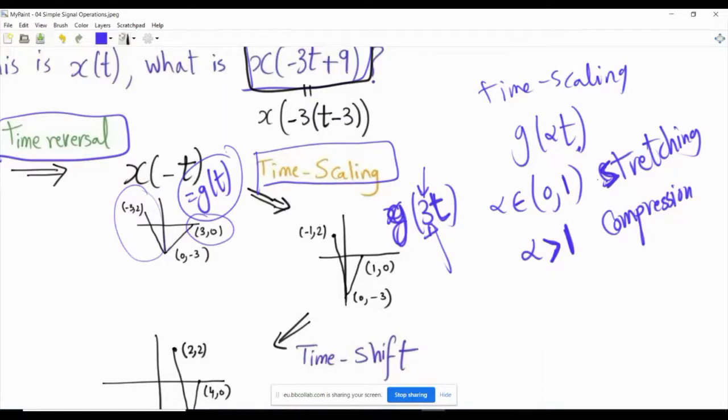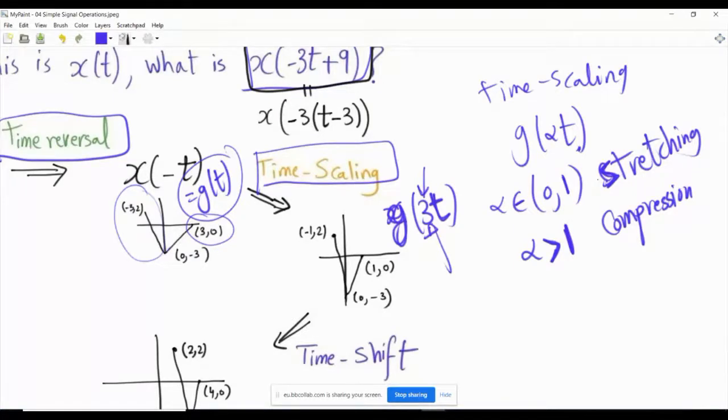When you say that I'm scaling the signal, sometimes people will understand it as scaling the signal by a factor of 2, like you multiply the amplitude of the signal by 2. If you just say scaling, most likely people will understand it to be amplitude scaling, in which you amplify or attenuate the signal by multiplying the vertical axis.